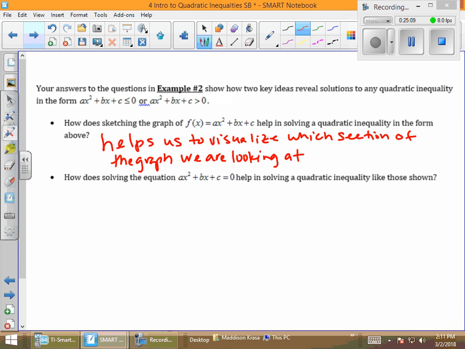How does solving the equation, okay, now when we say solve, what's another word for solve when we're talking about a quadratic? Factor. Okay, which we so nicely already did for you on that one question. But how does factoring the equation help us to solve an inequality? What is crucial about that factoring piece that we get?